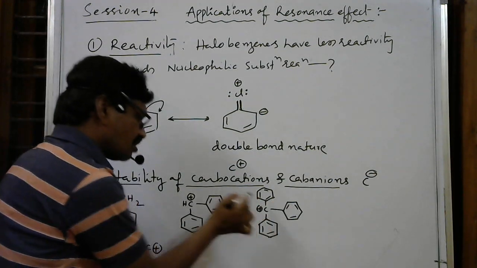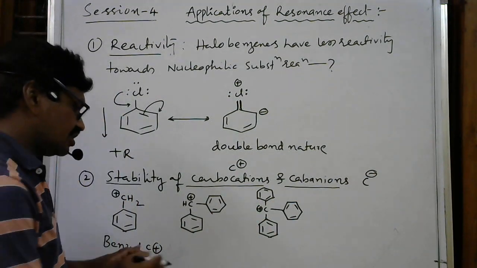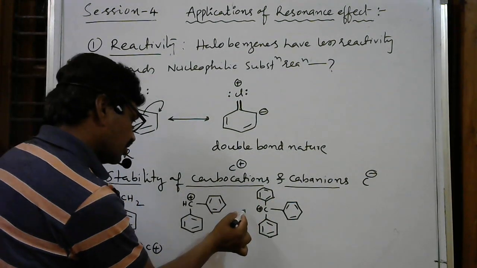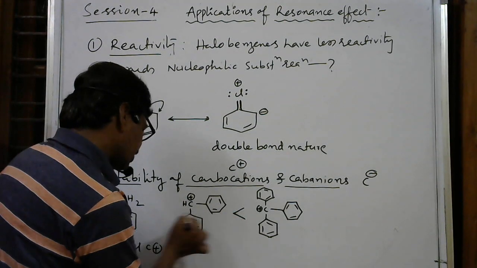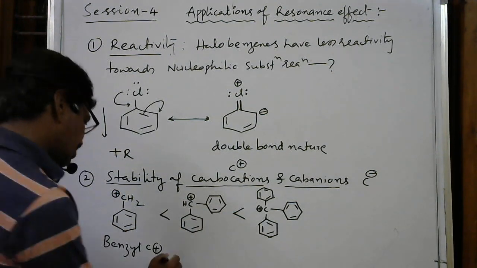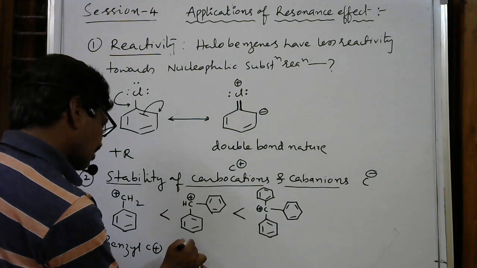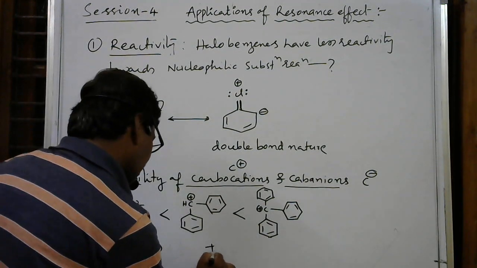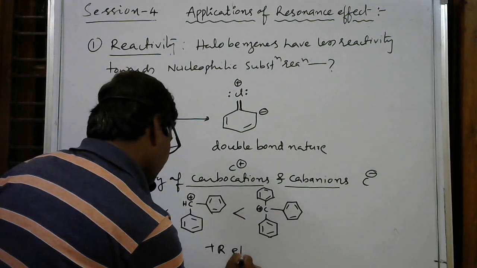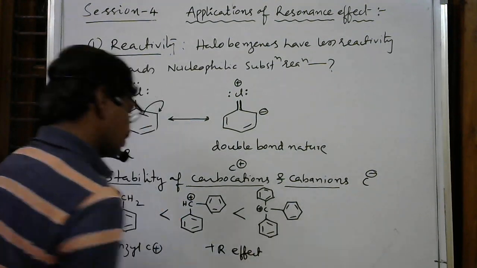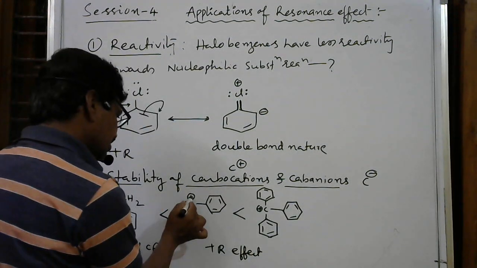Here there are three phenyl groups. Similarly, if you write the order of stability, you can write it like this: because of the plus R effect, benzyl carbocation, then diphenyl, then triphenyl.